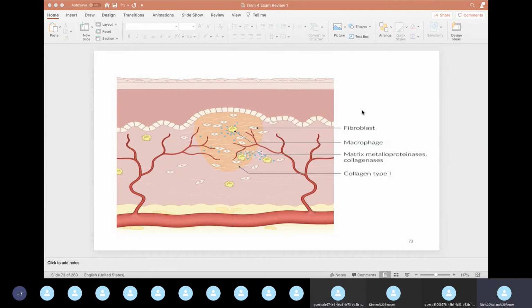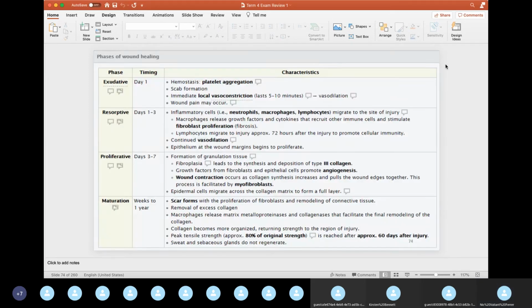Good job. So look at this image now. Wound healing. We have collagen type 1 is there. So it's complete, right? You still have some fibroblasts there. Do I need to know this? The phases? Know the characteristics, right? Remember type 3 collagen first and then type 1 collagen.